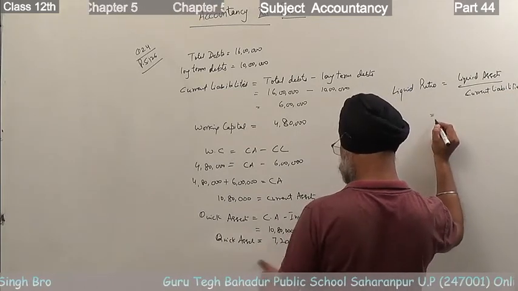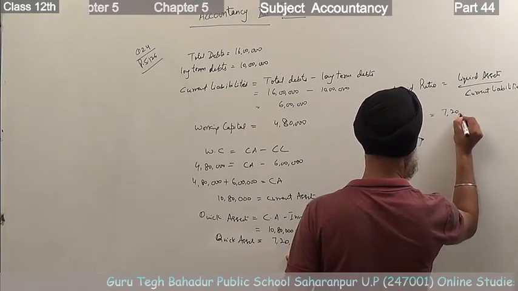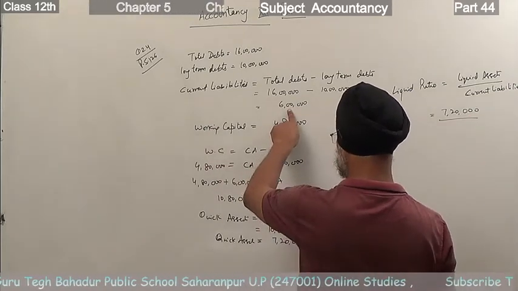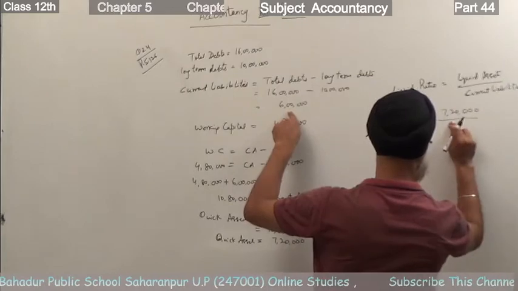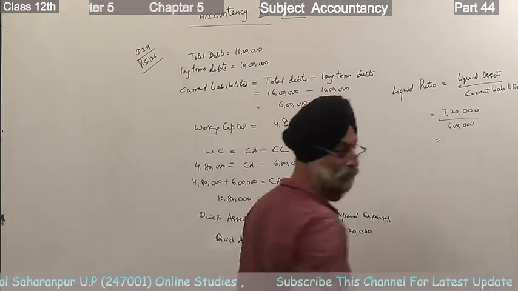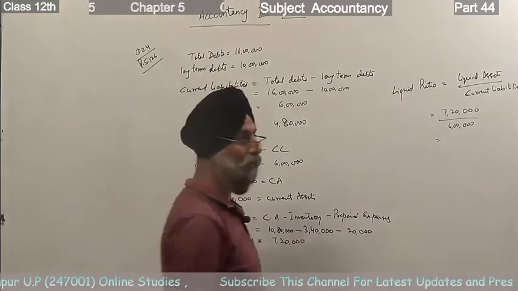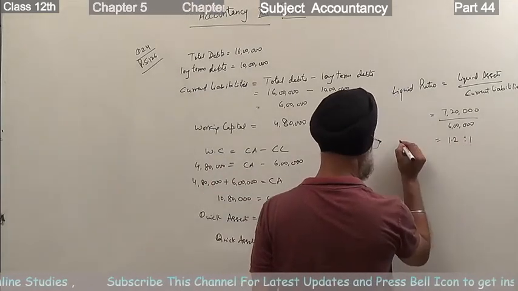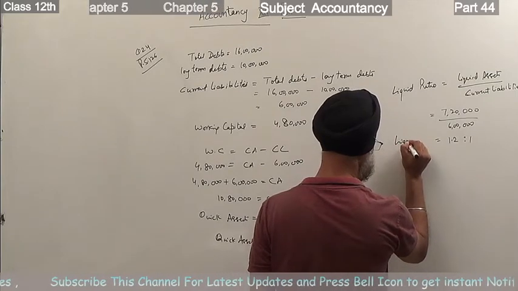Liquid assets are 7,20,000 and current liabilities, as found above, are 6 lakh. So in this way we will get the ratio 1.2:1.